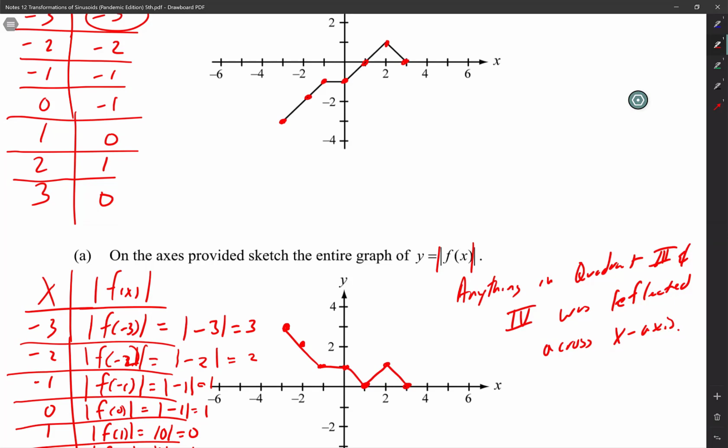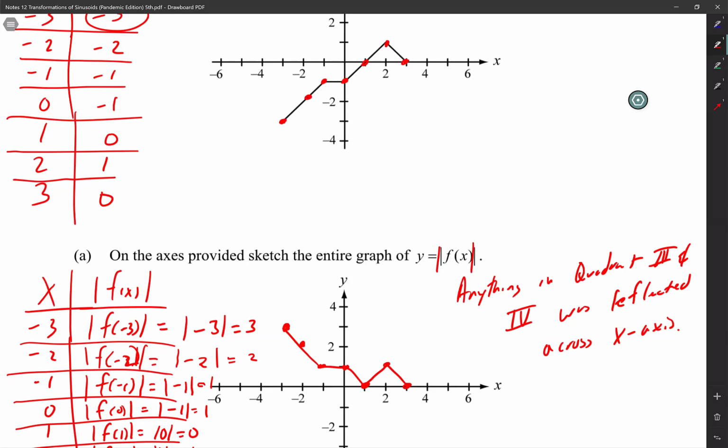And it makes sense. Anything that's below the x-axis, the y values are negative. Since I put absolute value of the y value, it's going to reflect all my negative values to positive values. All those negative y values are going to turn into positive values.